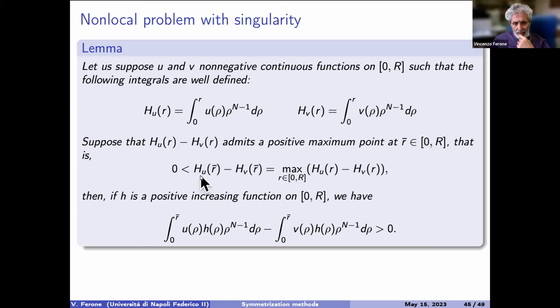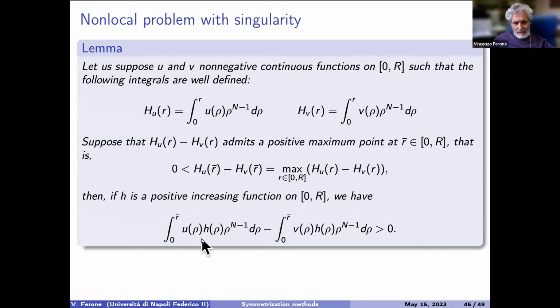That is, if I compute h of u in r bar minus h of v in r bar, this is positive, and this corresponds to the maximum of this quantity.